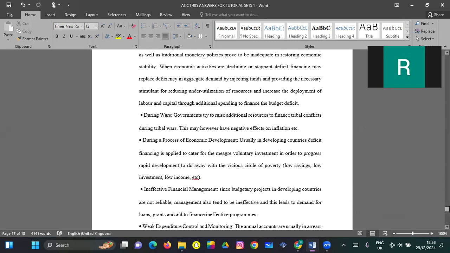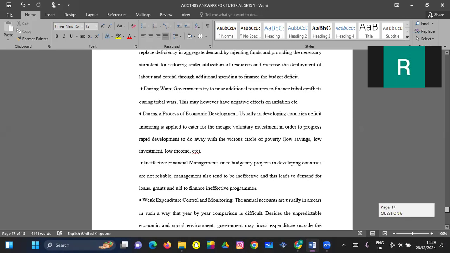And then during the process of economic development, usually in developing countries, deficit financing is applied to cater for the meagre voluntary investments in order to progress rapid development and do away with the vicious cycle of poverty.